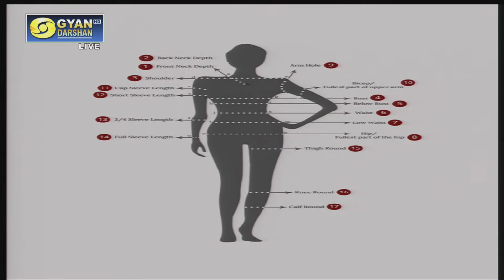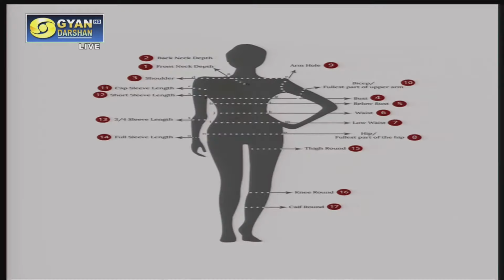In the picture, also in your study material, you can see there are a total of 17 landmarks given on the body, such as the armholes, back neck depth, front neck, shoulder and cap sleeve length. We have to take all these measurements under the body landmarks.